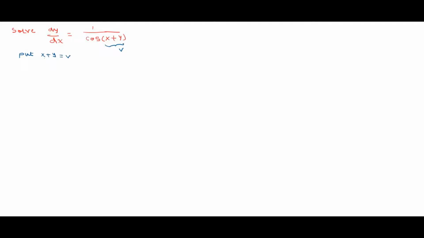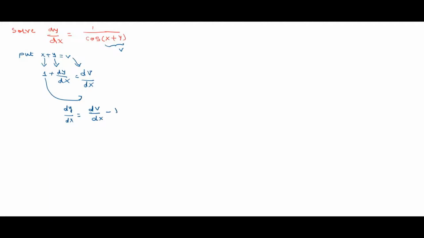Now differentiate. What is differentiation of x with respect to x? Differentiation of x with respect to x is 1 plus differentiation of y with respect to x is dy by dx, and differentiation of this v with respect to x is dv divided by dx. Now find the value for dy by dx. If you transpose 1 to the right hand side, dy by dx is equal to dv divided by dx minus 1.